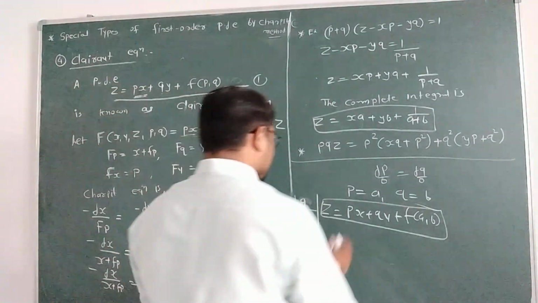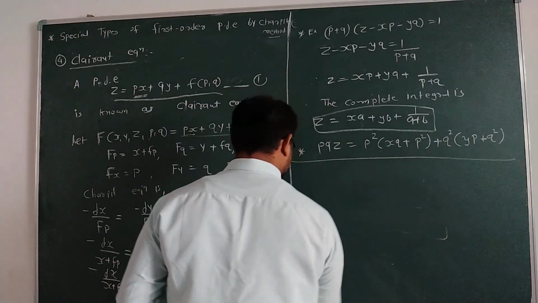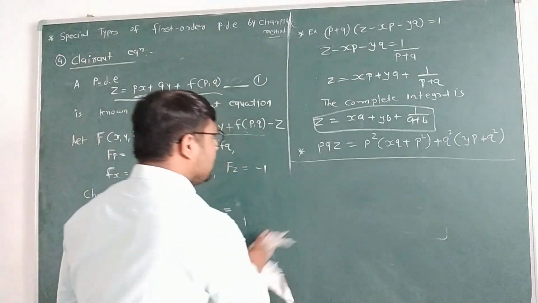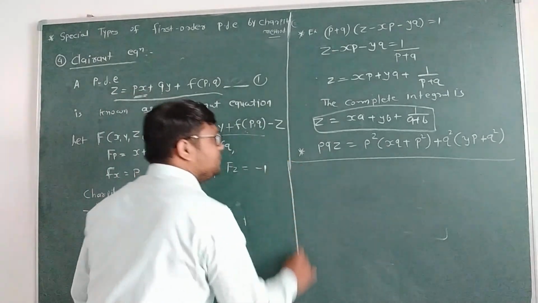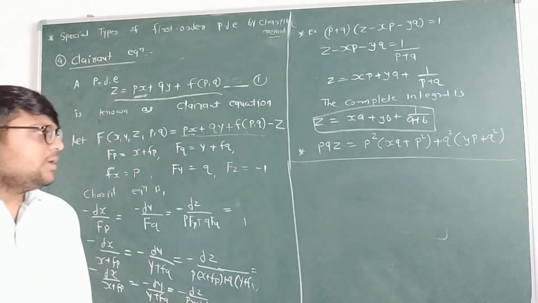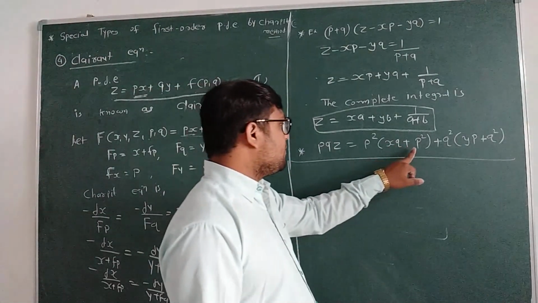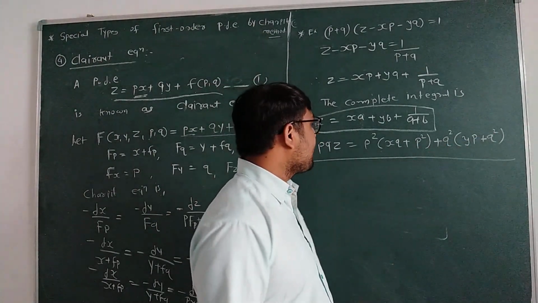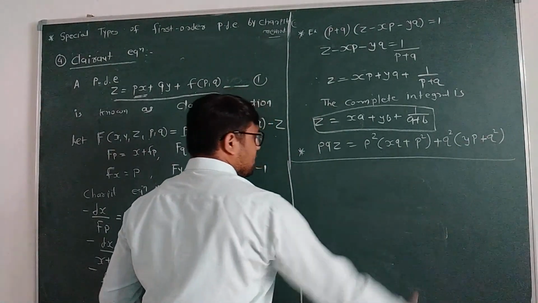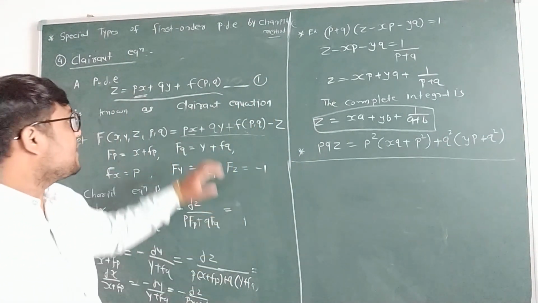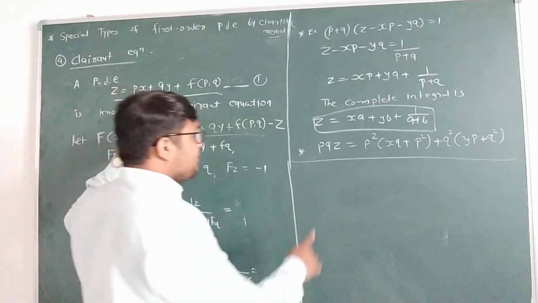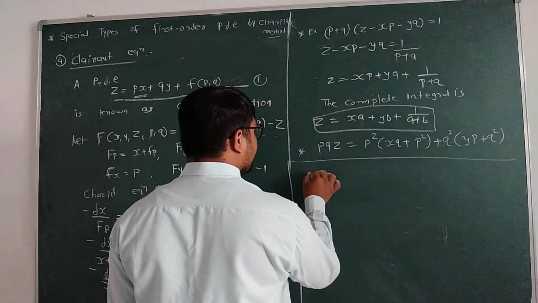Let's see another example, that is pqz is equal to p square into x cube plus q plus p square plus q square into y plus q square. So first of all we have to convert it into a standard Clairaut equation. So I am dividing both sides by pq.